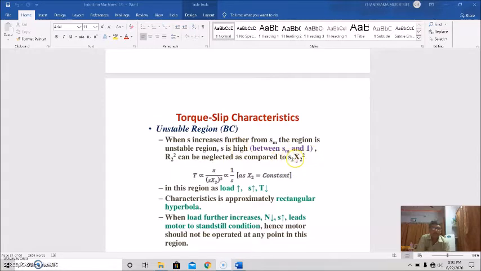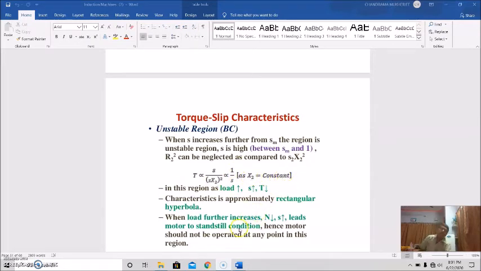S square x2 square is high in comparison to R2 square. So we can neglect R2 square. So torque is proportional to S by S square x2 square. So that will be 1 by S, as x2 is a constant.